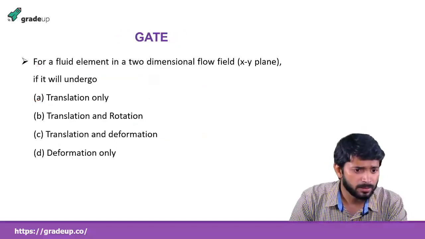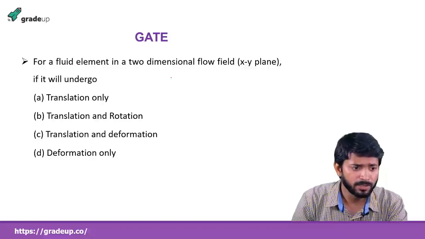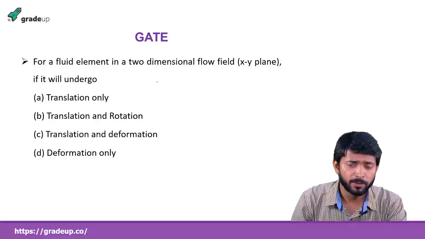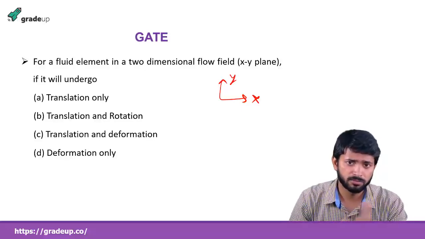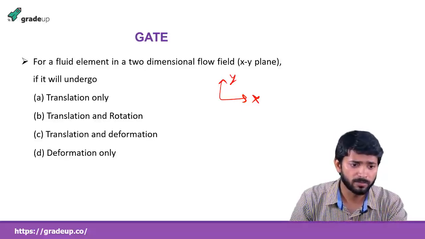And this is a question asked in the GATE examination. For a fluid element in a two-dimensional flow field, say x and y coordinates, what kind of motion will it undergo?